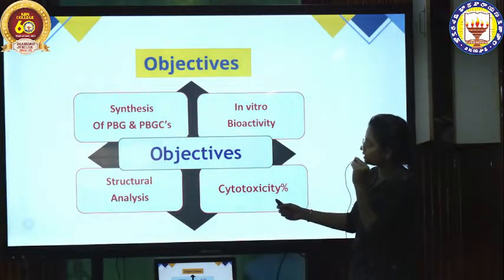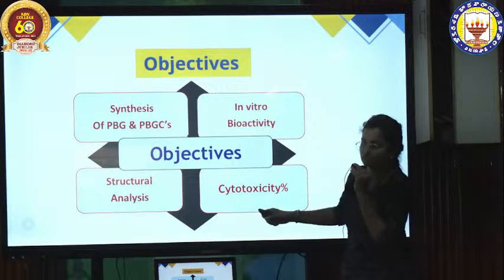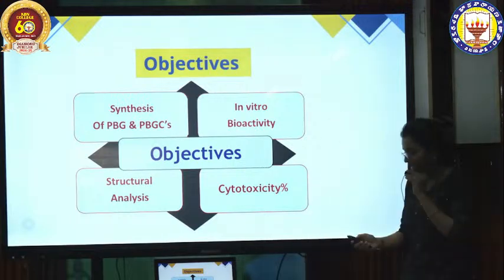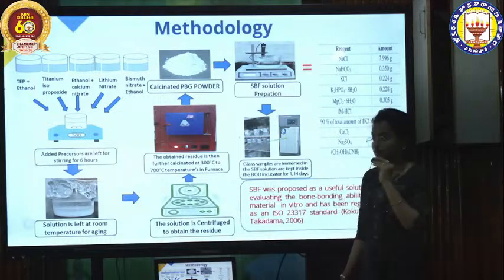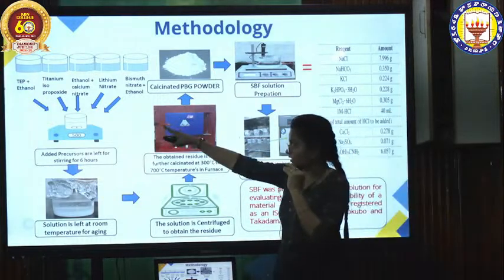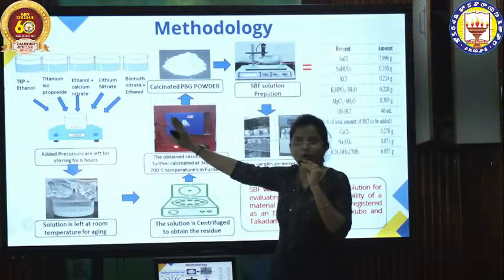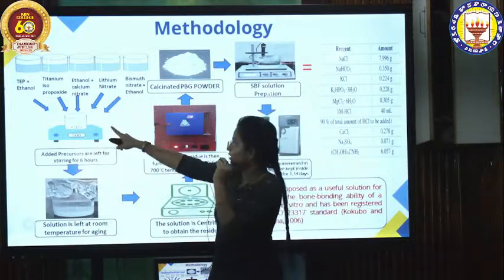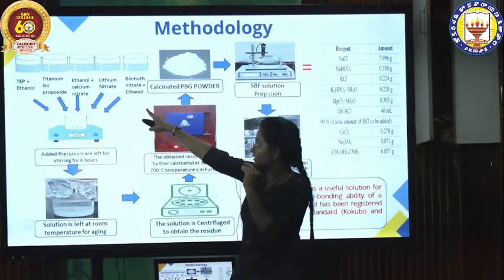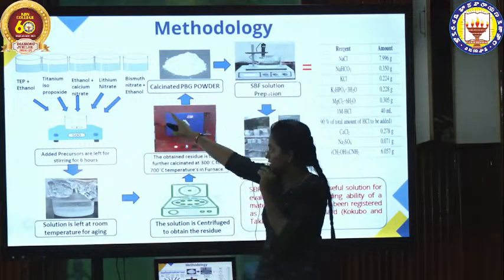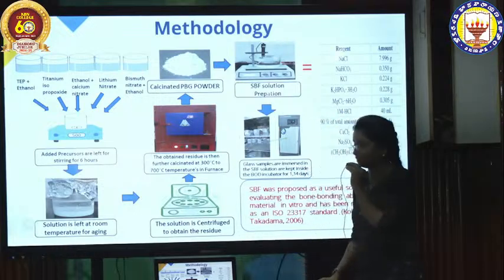To synthesize PBG and PBGCs, the methodology which I have opted for is the sol-gel technique, in which I took only the nitrates, adding triethyl phosphate with ethanol, titanium isopropoxide with ethanol, calcium nitrate, lithium nitrate and bismuth nitrate with ethanol.